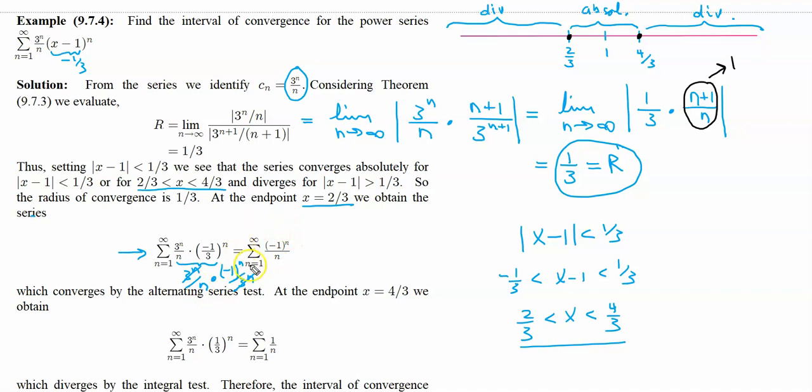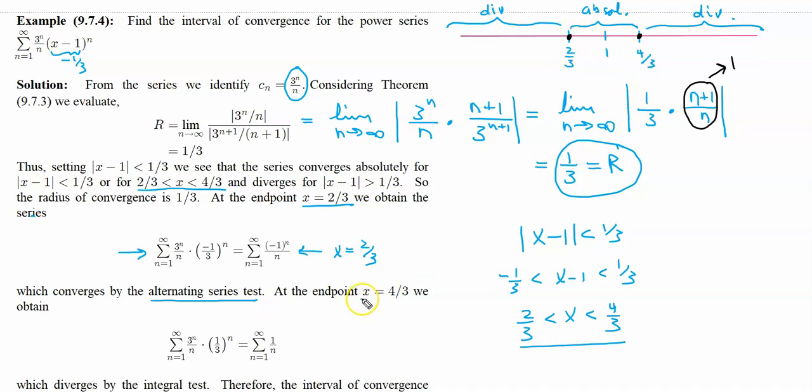So this is what you're left with right here. Okay, so that's what we're left with when x equals 2/3. Now you notice that this series converges by the alternating series test. We've seen that before. So this does converge by the alternating series test. Okay, so we do have convergence right here at that endpoint.